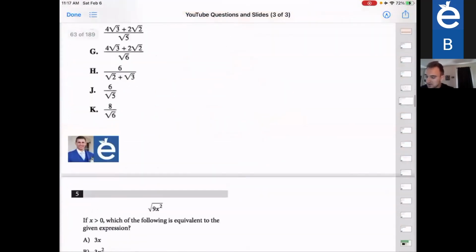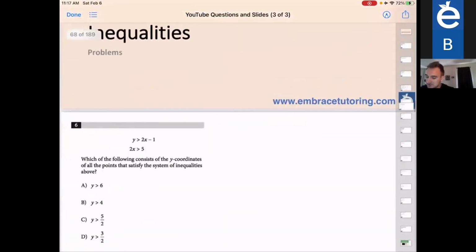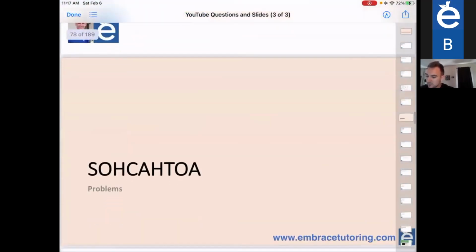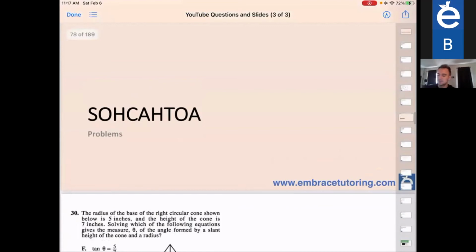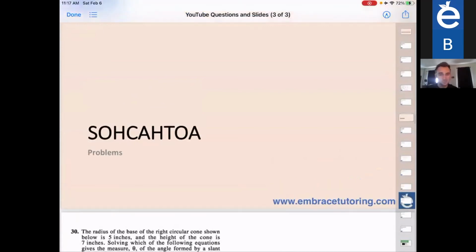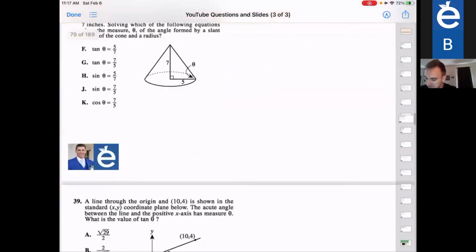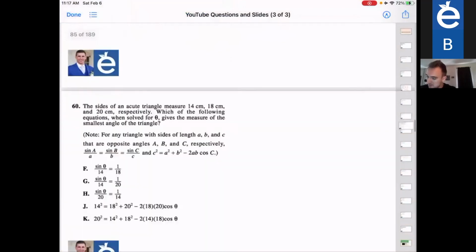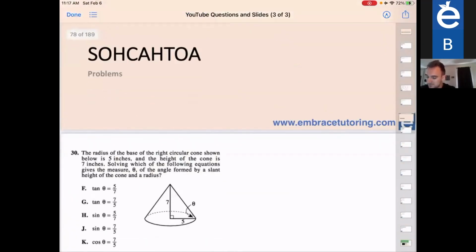We did a lot of exponents and radical type problems last time, which was good. I'm going to focus on now, perfect, is our SOHCAHTOA, our trig related problems, right? Our trig functions. Let's see how many we have in here. Yeah, these would be some good problems to do here.